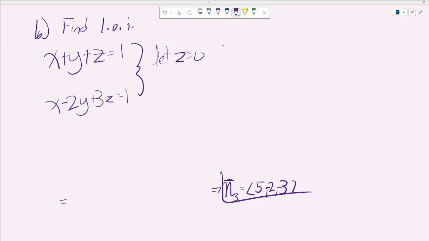So if we perform that action, we'll have x plus y is equal to 1, x minus 2y is equal to 1. And now we can see that this is just a system of equations. So if we go to solve for x, we would multiply the top one by 2 and subtract both of those.